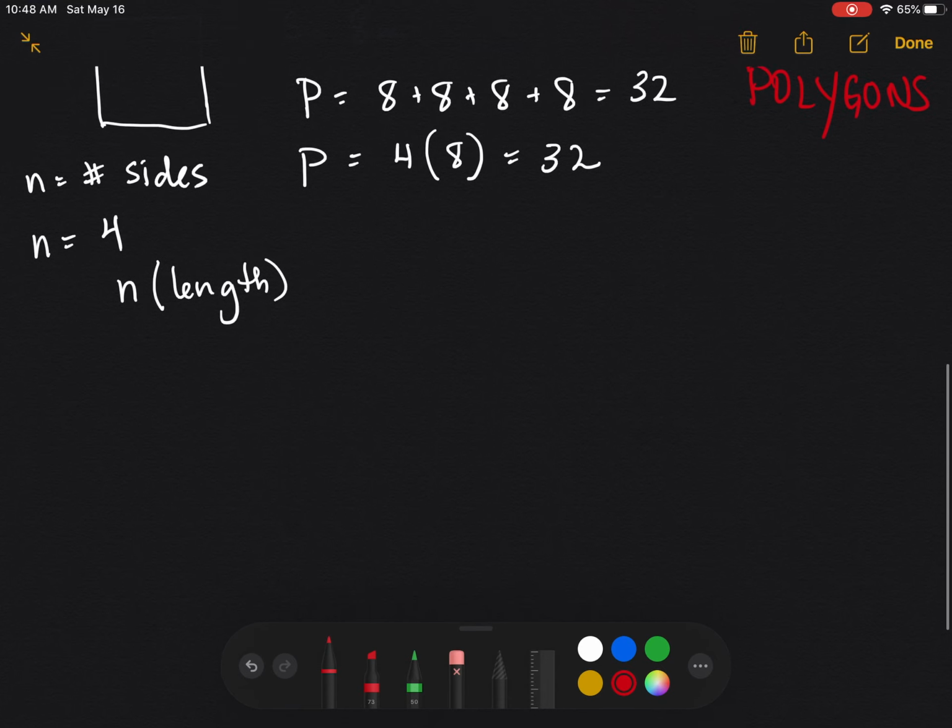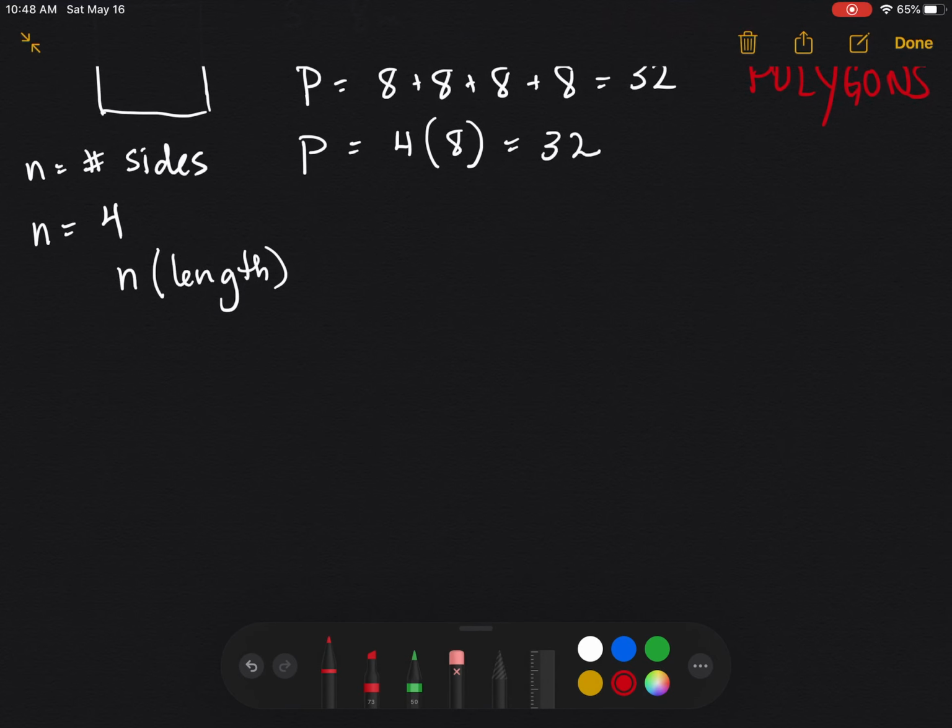Another option would be, let's say it's a pentagon, a regular pentagon. So a regular pentagon has how many sides? 5. So if I told you that each side equaled 9 feet, how would I find the perimeter of that?